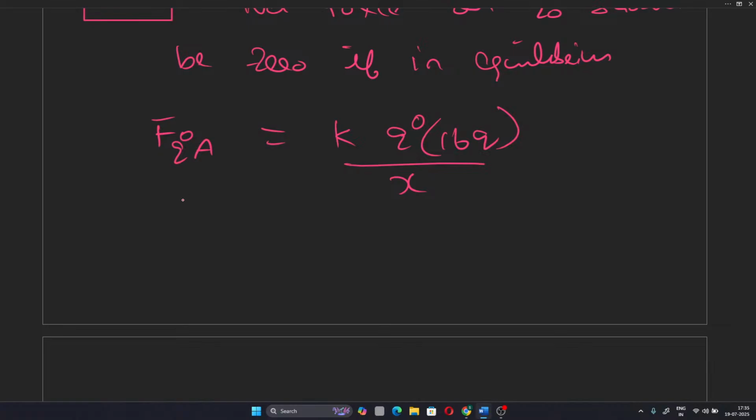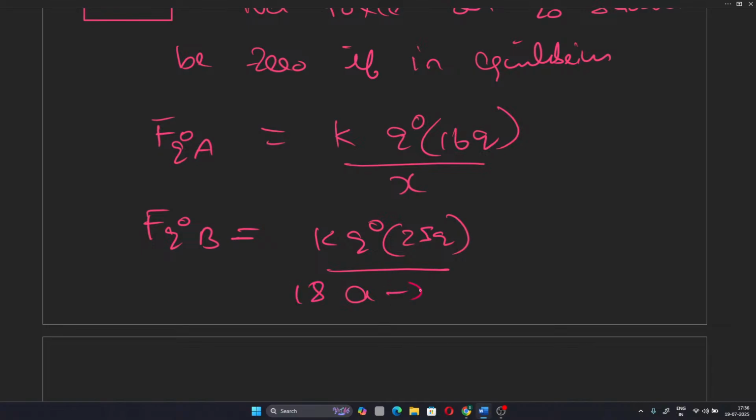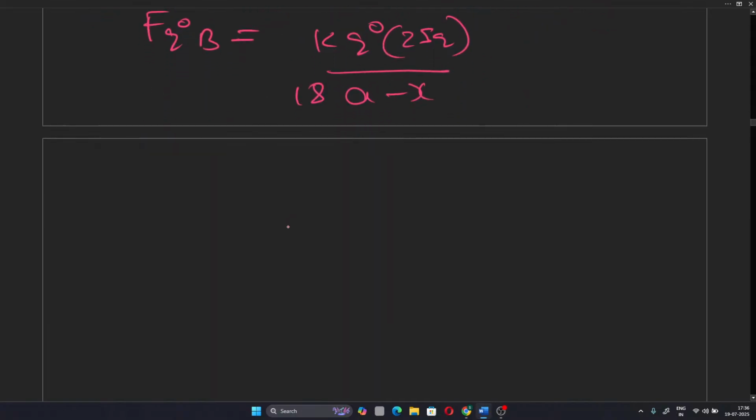And the force on q naught due to B is k q naught times 25q by 18a minus x. Both are equal.